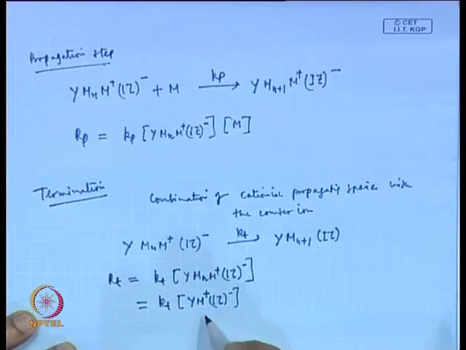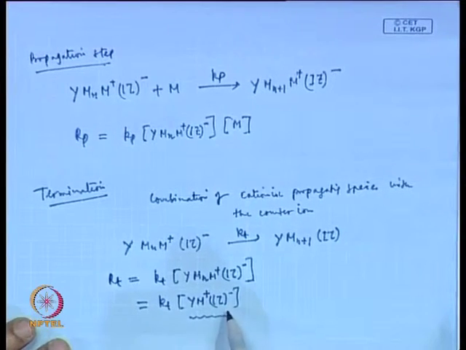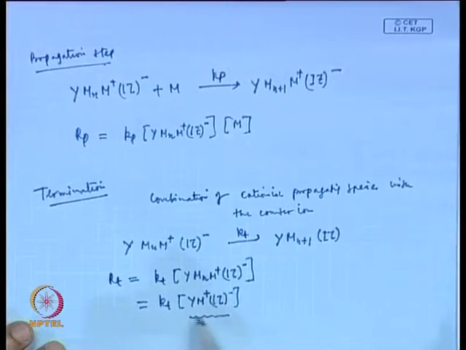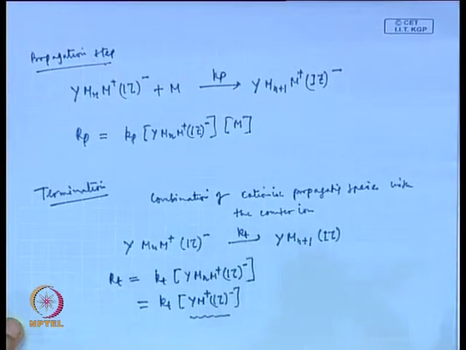So, this is the summation of the concentration of all the cationic species present in the reaction medium: M1, M2, M3 and so on. For simplicity we are omitting the subscript and writing this M+. Again, this is the summation of the concentration of all the cationic propagating species present in the medium.